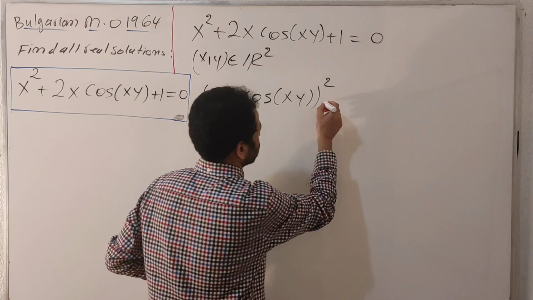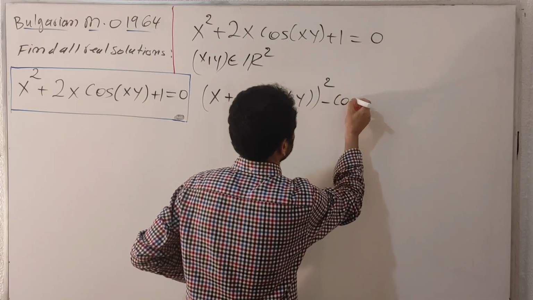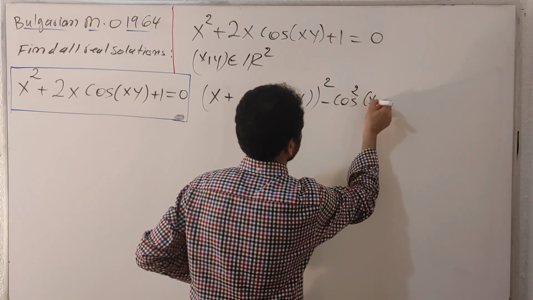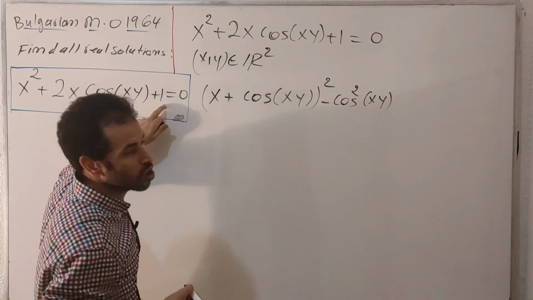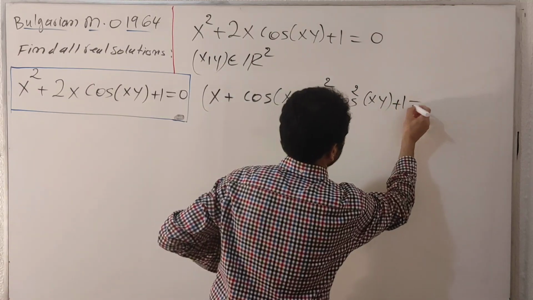We need to subtract this, minus cosine square xy, plus the original number 1 equals 0.